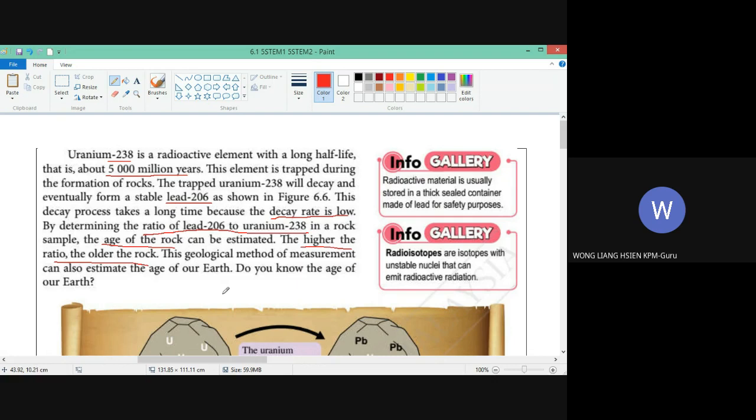Do you know the age of our Earth? For your information, it is about 4.5 billion years. So that means from the formation of our planet Earth until now, the uranium-238 has only undergone one half-life.